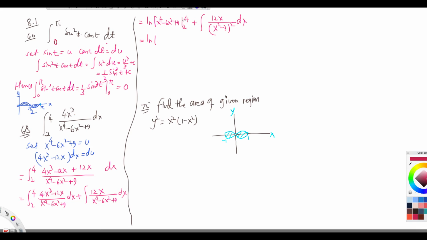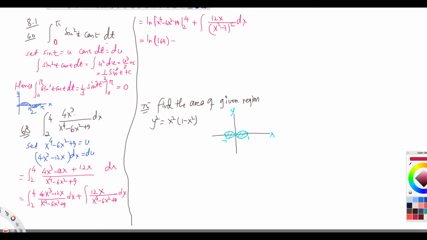So 4 to the 4, and then minus 6 times 4 squared, which is 16, and then plus 9. Okay, so what do you get? 4 to the 4 and then minus 6 times 16 plus 9. You get 169. Natural log of 169.